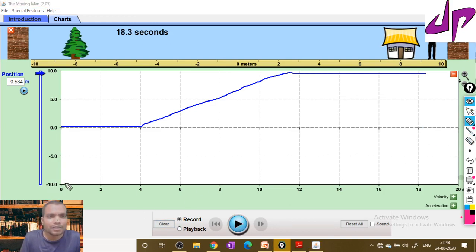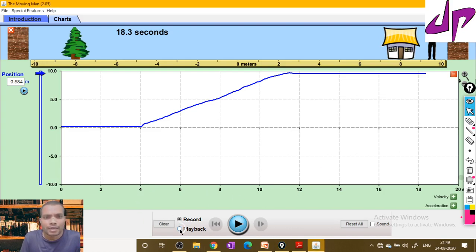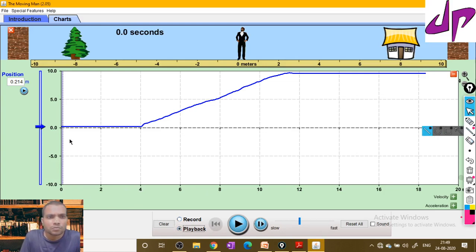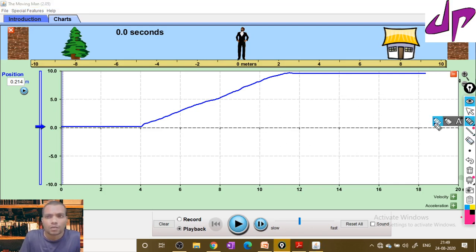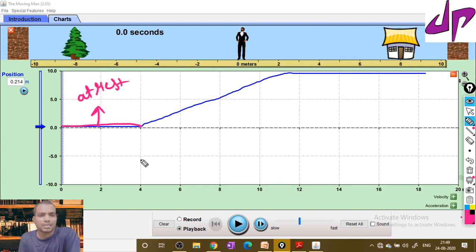The graph tells us the moving man is at 0 from 2 seconds to 4 seconds. From 2 seconds to 4 seconds, he is at rest. He does not move, he is at rest.